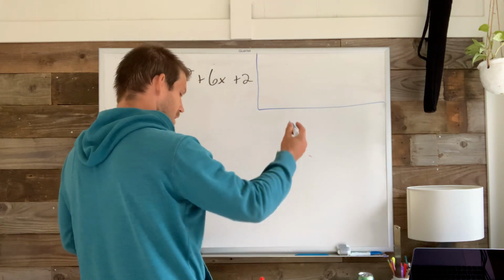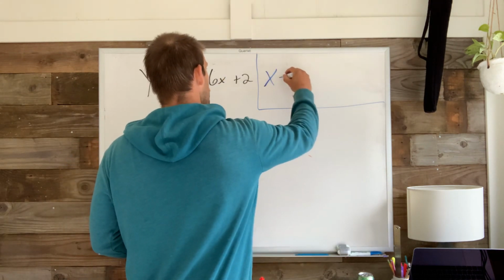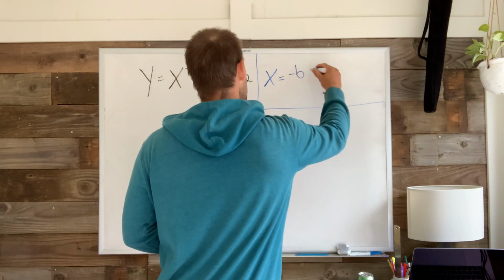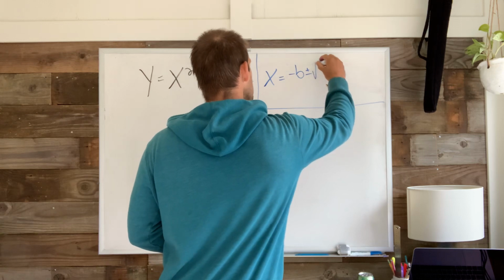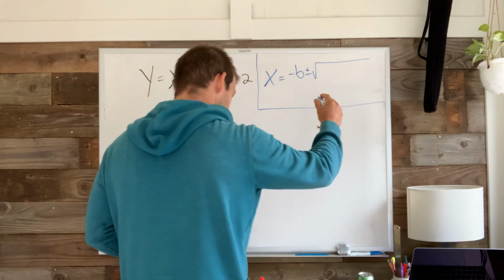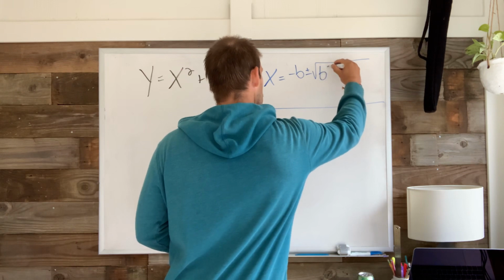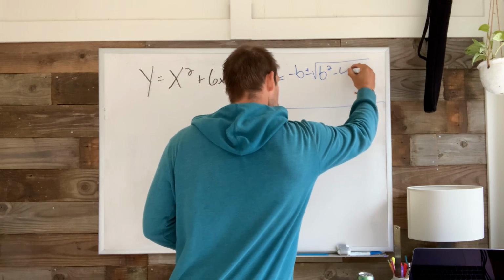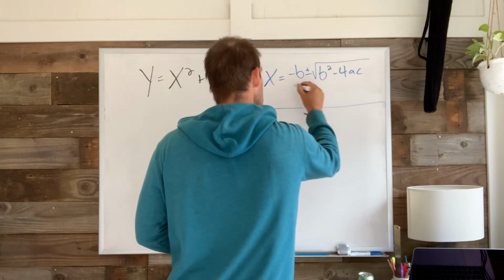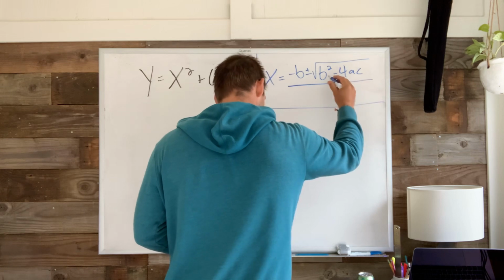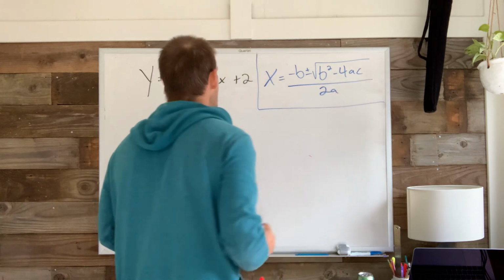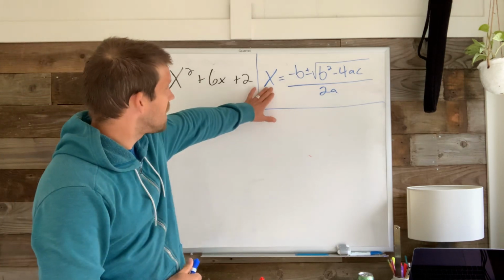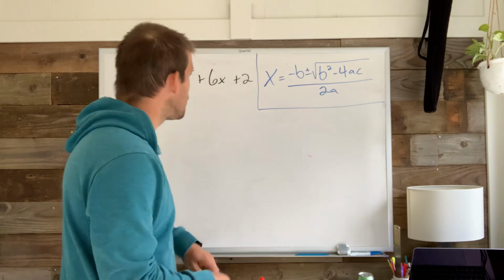We're going to see the quadratic formula here, which is x equals negative b plus or minus the square root of b squared minus 4ac, all over 2a. Okay, so we have x, we know what that is. What about b, a, and c?